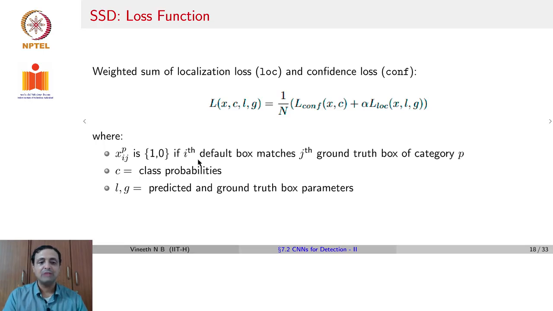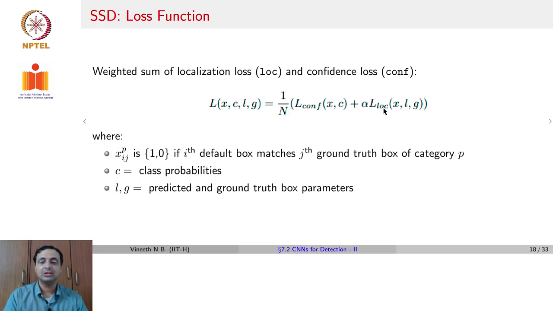If the ith default box, or the anchor box (default box and anchor box are synonymous here), matches the jth ground truth box of category p. That's the notation for these x's. And l and g are the predicted and ground truth box parameters.